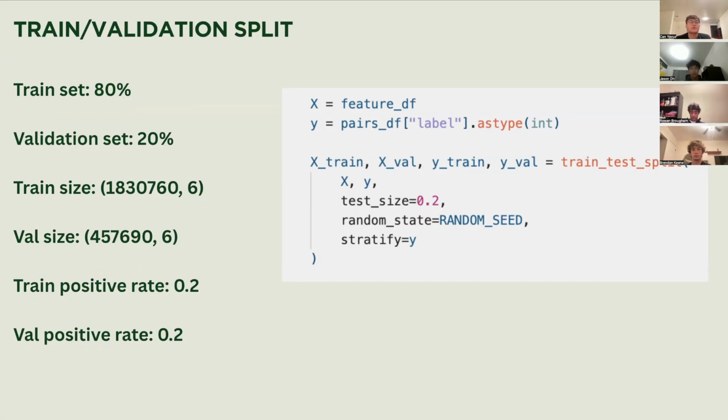So preserving 20% positives ensures the model is evaluated under the same class balance that it sees during training. It also means that the precision and recall are directly comparable between the training and the validation. This consistent distribution explains why our validation accuracy and ROC AUC align closely with the training.